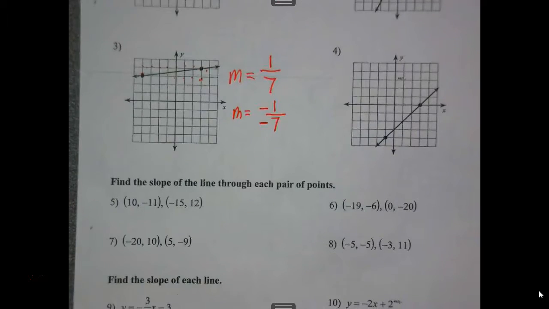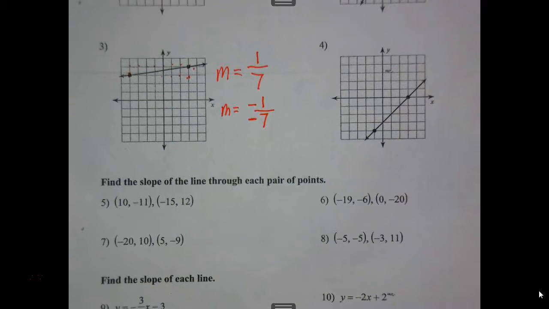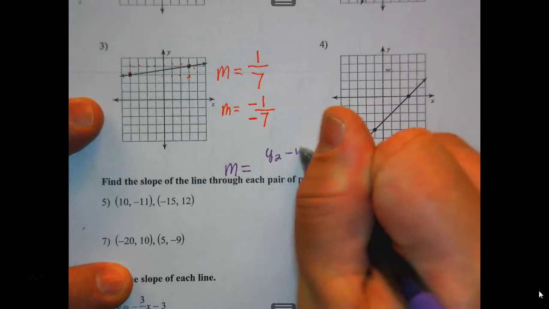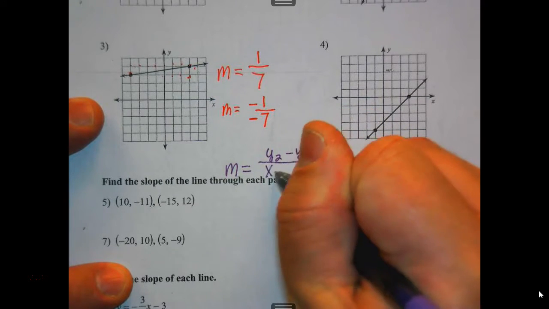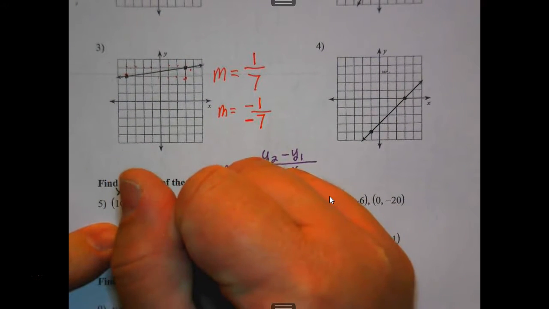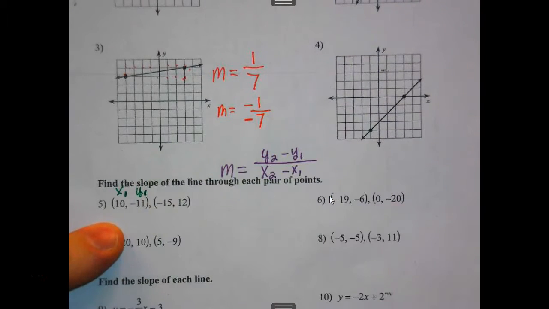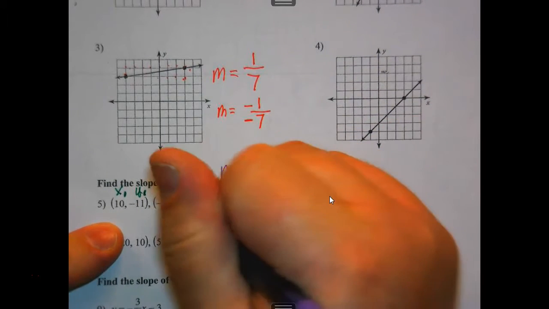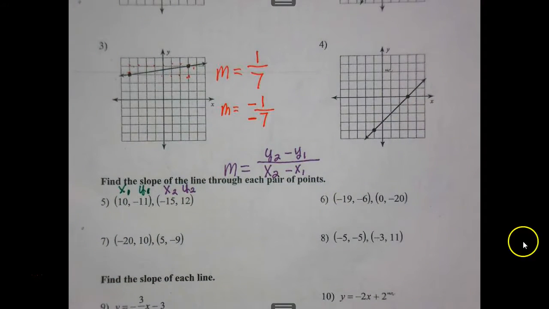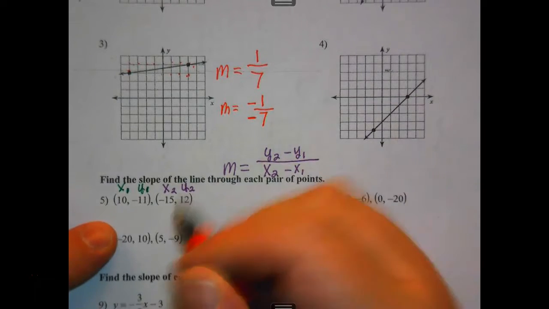Okay, number 5. Now this is where I have to use my algebraic formula. M equals y2 minus y1 over x2 minus x1, because we're given two points. This is my x1, y1. My second point is x2, y2. And I put it in my formula.